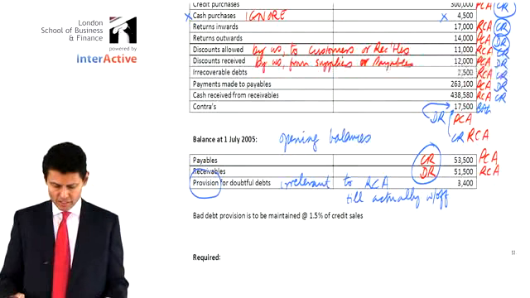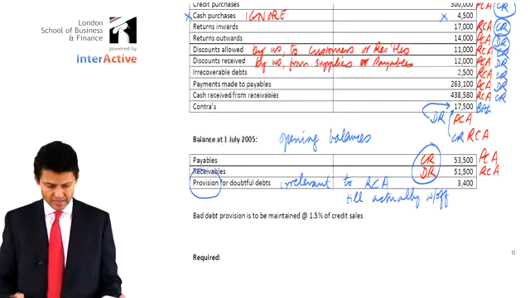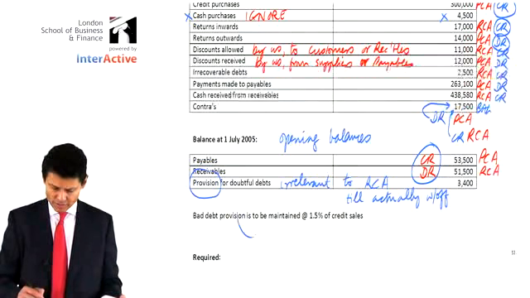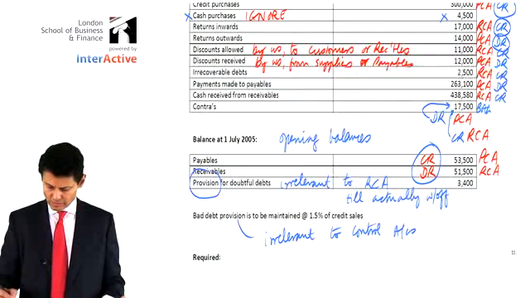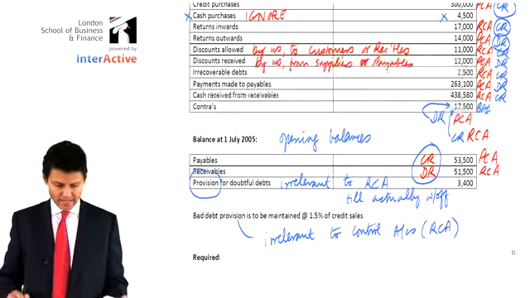Similarly, the bad debt provision is to be maintained at a certain figure. Again, it's a provision, irrelevant to control accounts, which in this case is the RCA. Do be careful of that item.